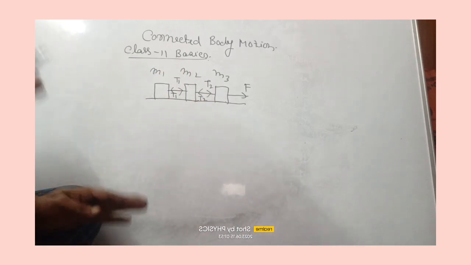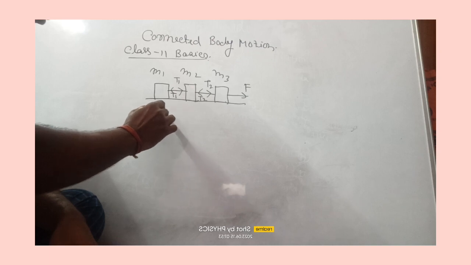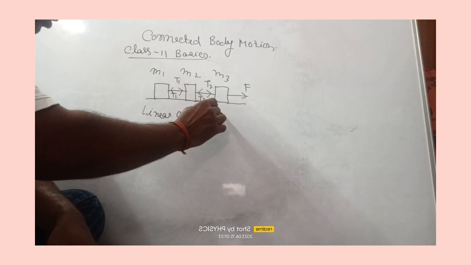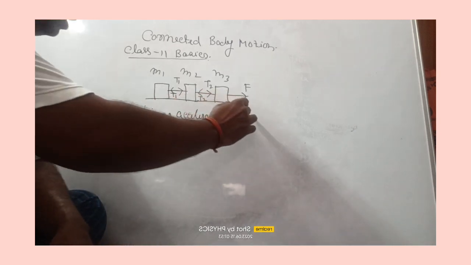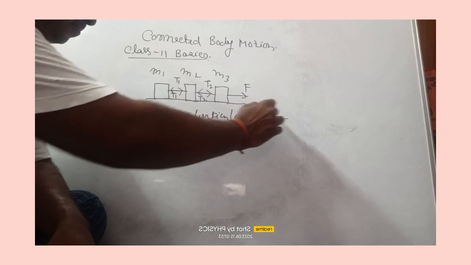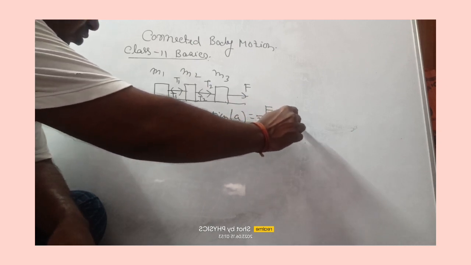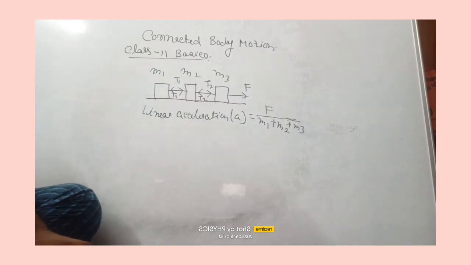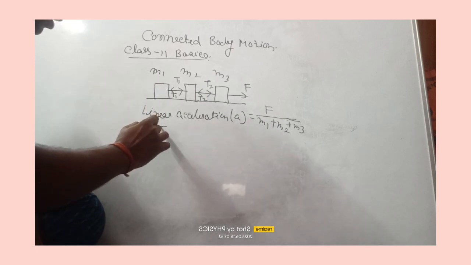Now first we find the linear acceleration. Linear acceleration a is equal to F by m1 plus m2 plus m3. Now to find the tension T1 is easy.